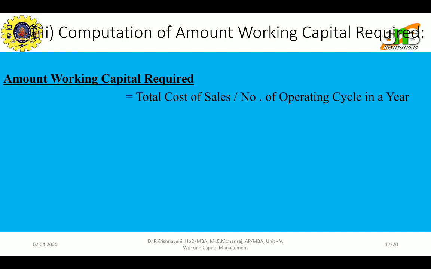The total cost of sales is given in your question itself, 13 lakhs, divided by number of operating cycles in a year, which we already found, that is 4. Then 13 lakhs divided by 4, you get 3,25,000. That is the amount of working capital required.